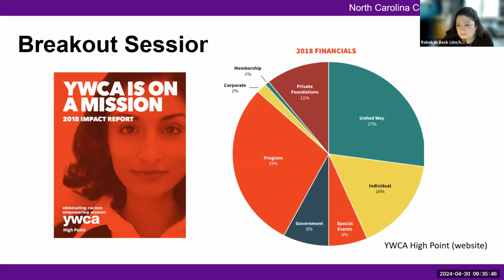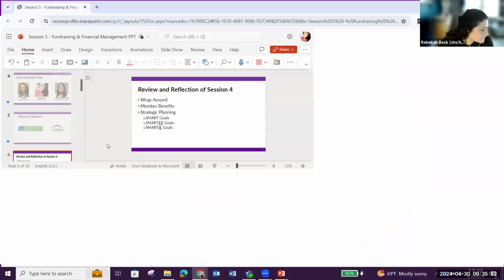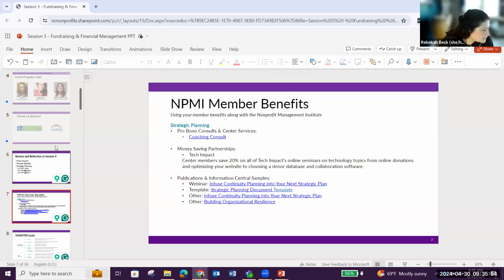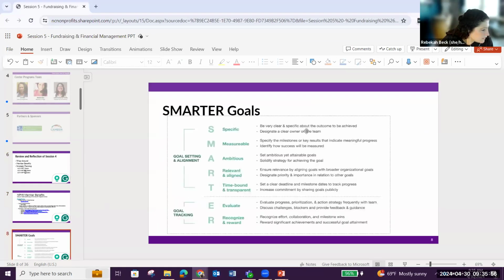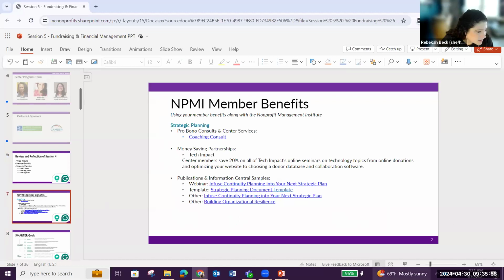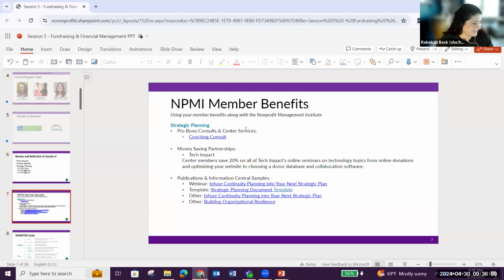Let's see. Okay, let me bring this over here and see if I can show you this. All right, there we go. So this is our, why would it be doing that? As you can see, I don't have Leslie with me, so it's just going to a blank screen.